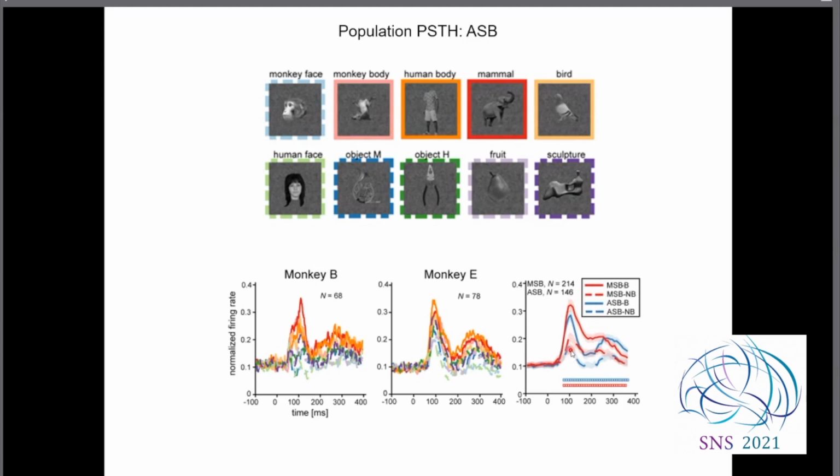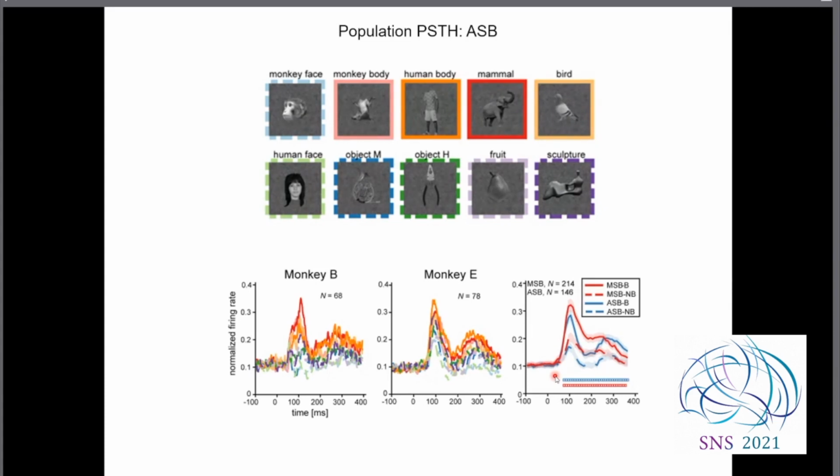What was interesting and somewhat surprising for us, in fact, is that if you look at the onset latency of the response, there is not much difference, in fact there is no real difference between MSB and ASB. There might be a small tendency to have a little bit earlier response for MSB compared to ASB, which was somewhat surprising because ASB is more anterior than MSB, and so hierarchically, we expect it to be at a later stage.